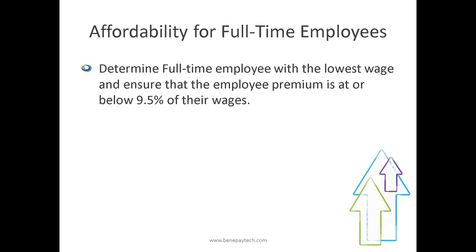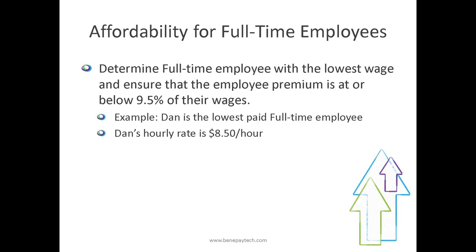Then we need to determine if the premium for the employee-only coverage is at or below 9.5% of their full-time wages. So I've included an example here. We've identified Dan as our lowest paid full-time employee, and we have Dan's hourly rate set at $8.50 per hour.